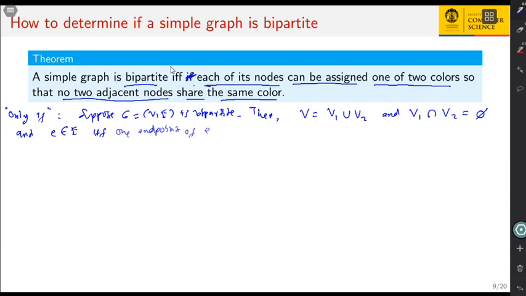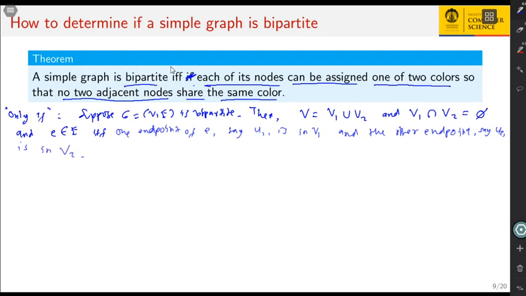One endpoint of e, say u1, is in V1, and the other endpoint, which is say u2, is in V2.